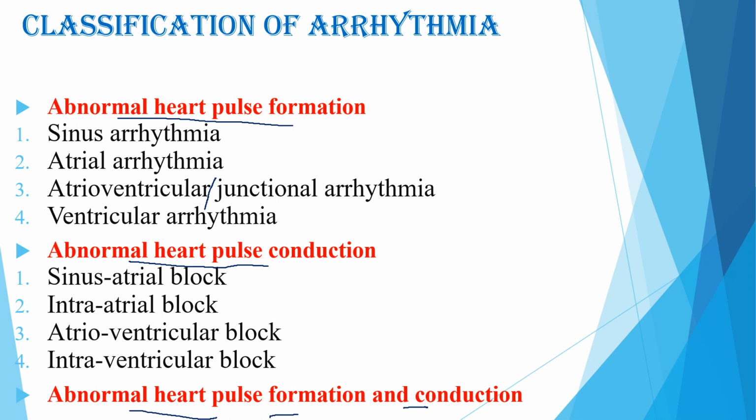Whereas in abnormal heart pulse conduction, there is a failure to conduct from one area to another. Such conditions include sinoatrial block, intra-atrial block, atrioventricular block, and intraventricular block. As a third classification, there is a mix of both.